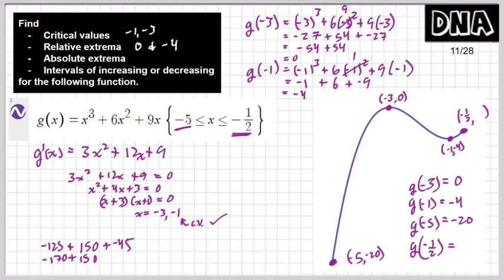Okay. Now let's plug in the -1/2. Okay, so we get -1/8 when we cube it. Well, this will be 1/4. -1/2 times -1/2 would be 1/4 times 6. So this is going to be 6/4. And then plus 9/2, but negative, right? Because it's a -1/2 that we'd be plugging into the x. All right, taking a few shortcuts here. I can make this into a 3/2, and that would make this into a -9/2.